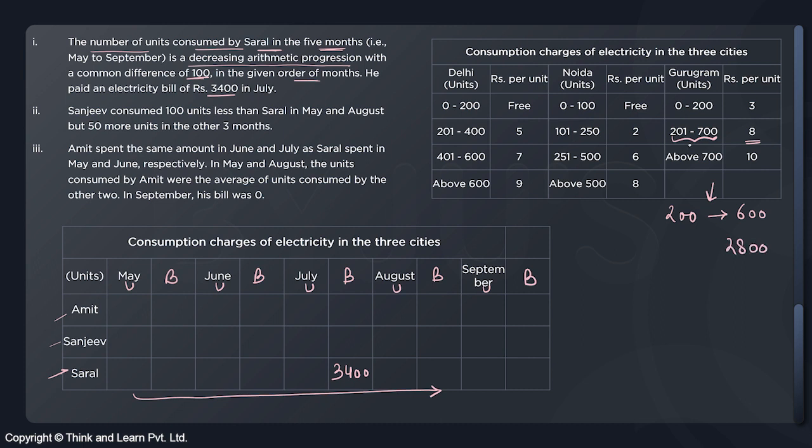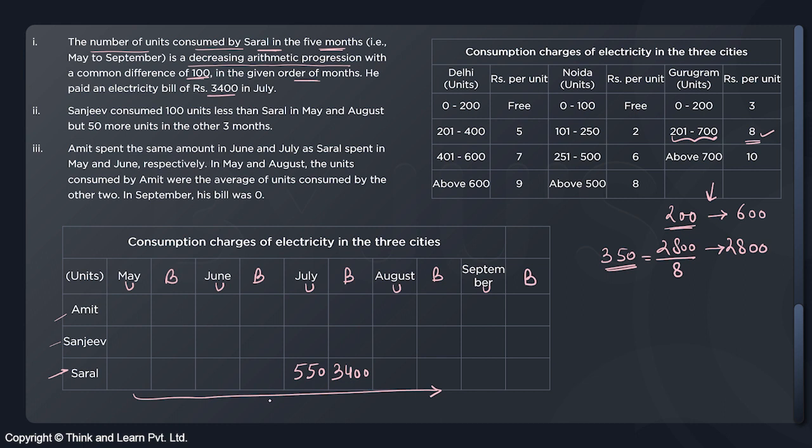And now I see that the charges are 8 per unit. So how many more units above 200 has he consumed? 2800 are the charges at a rate of 8 per unit. So can I say he has consumed 350 units more above 200? So the total number of units consumed by Saral is 550.